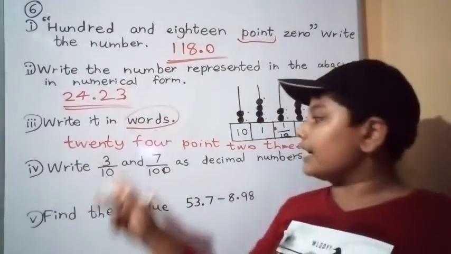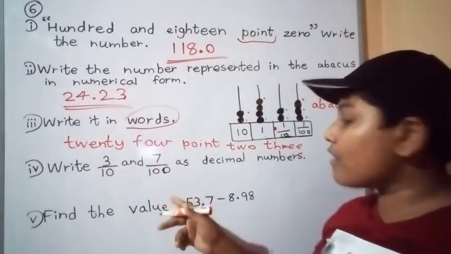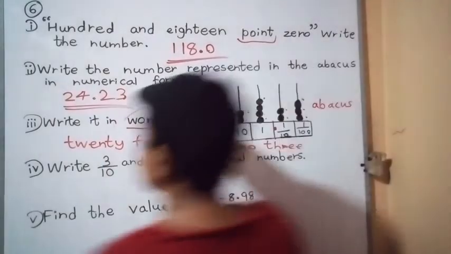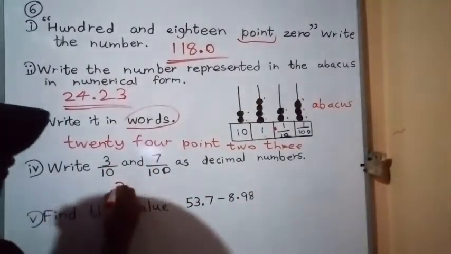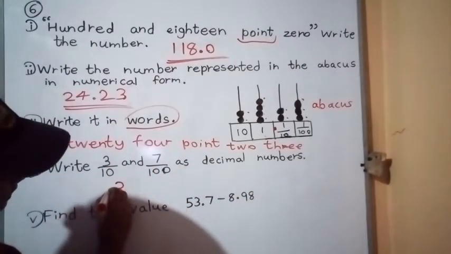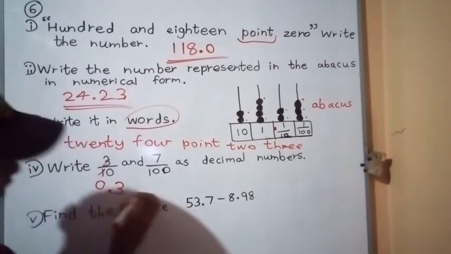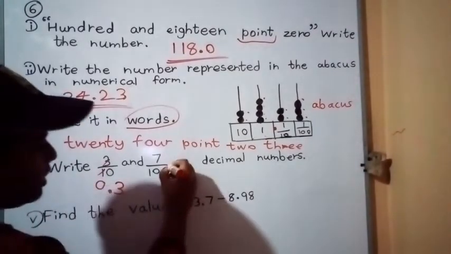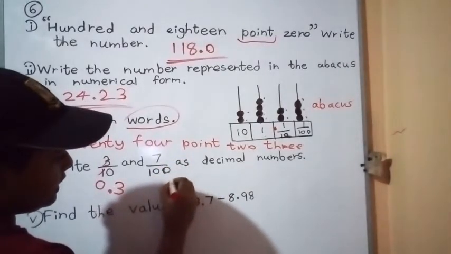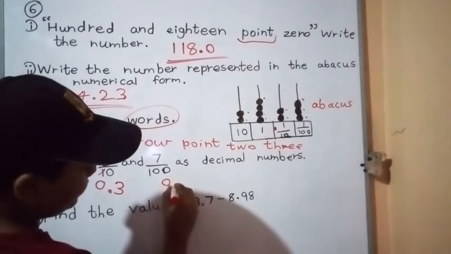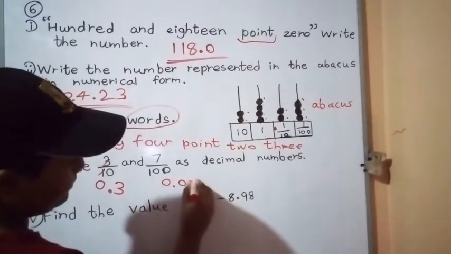Fourth one, write 3 over 10 and 7 over 100 as decimal numbers. Now, you can write 3 point, because it is a decimal number. The first one is 0.3. For the second one there are 2 zeros, so I get 0.07.